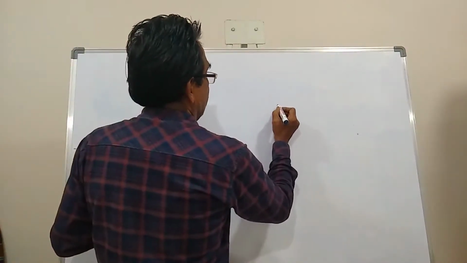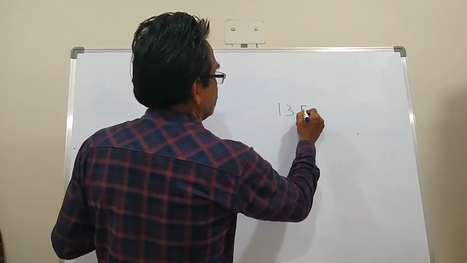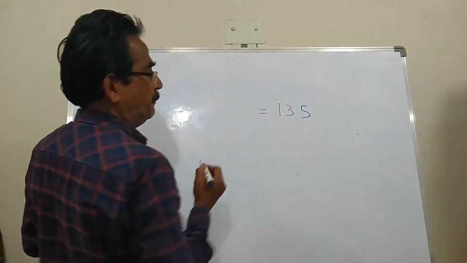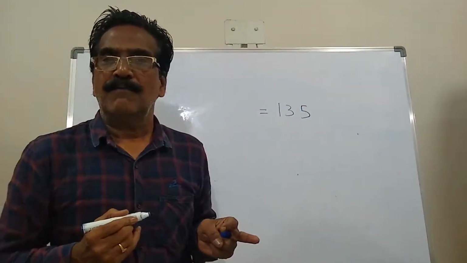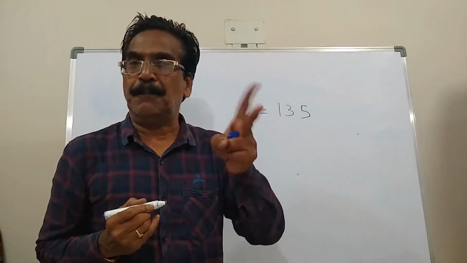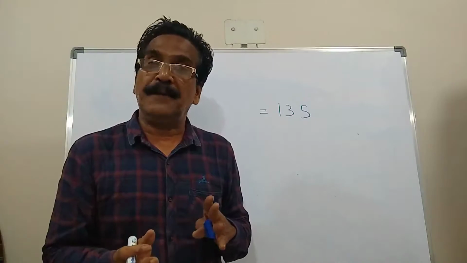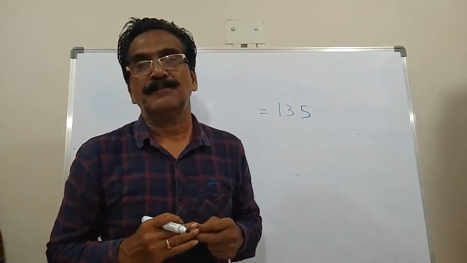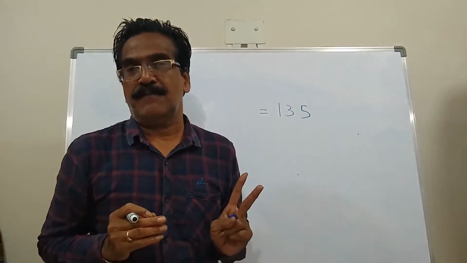See, total matches 135 have been played. For each match we require 2 players. Let us assume that the total number of players is n. For every match we require 2 players.